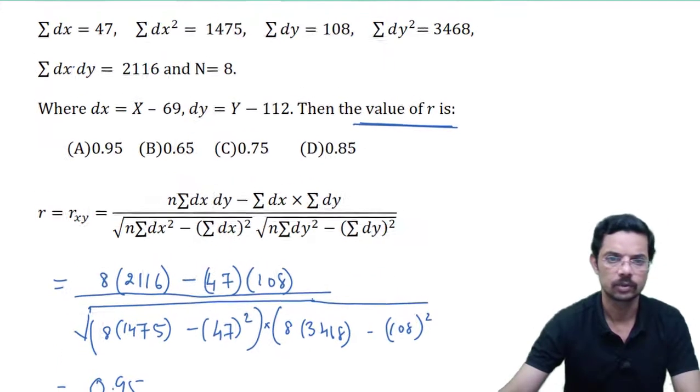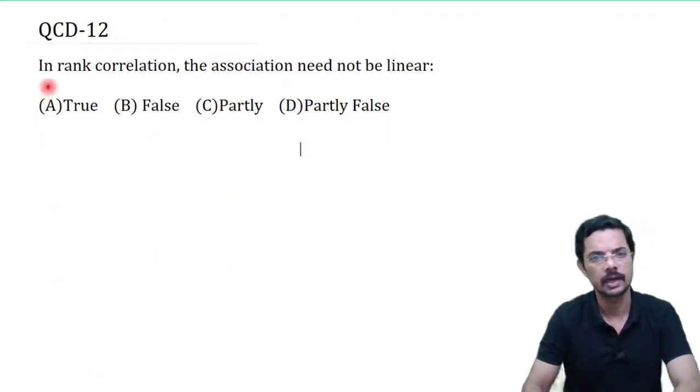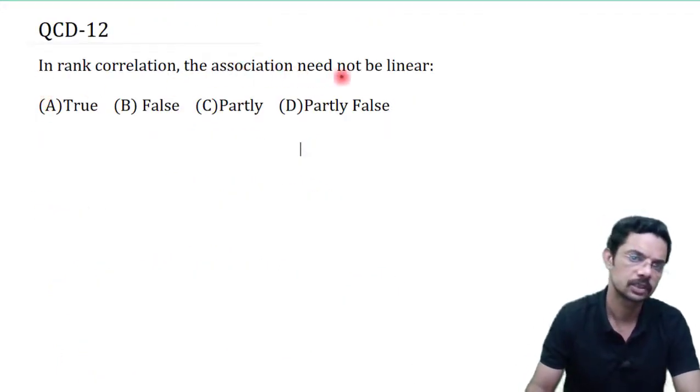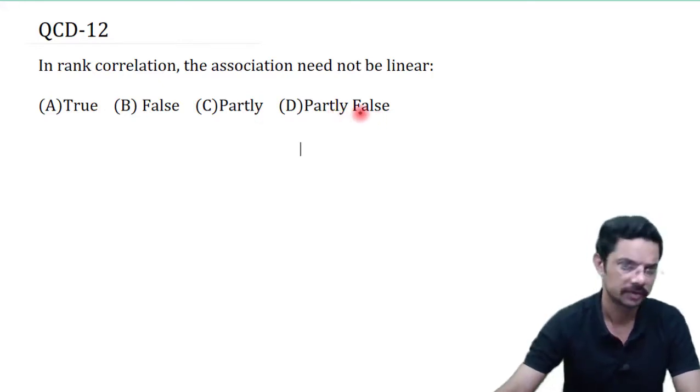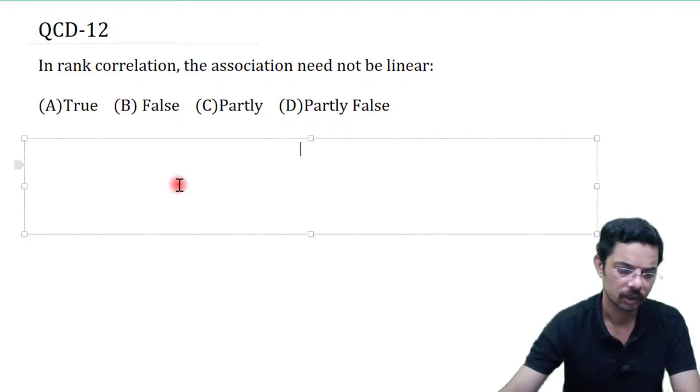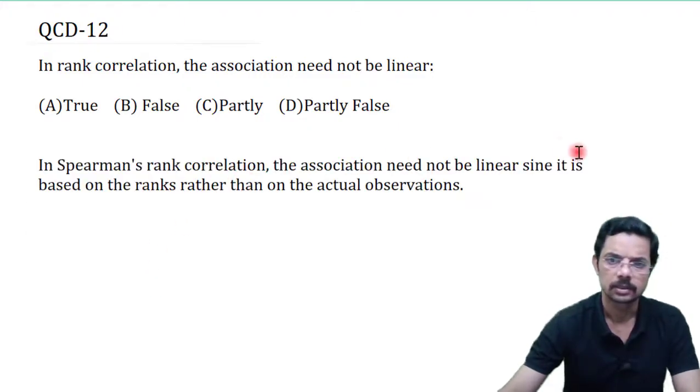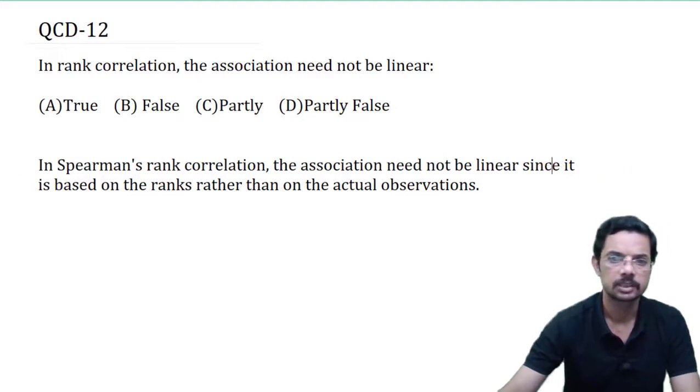Next question. Question 12: In rank correlation coefficient, the association need not be linear. Is it true, false, partly true and partly false? We know that in rank correlation coefficient, the association need not be linear, because it is based on the ranks rather than the actual observations.